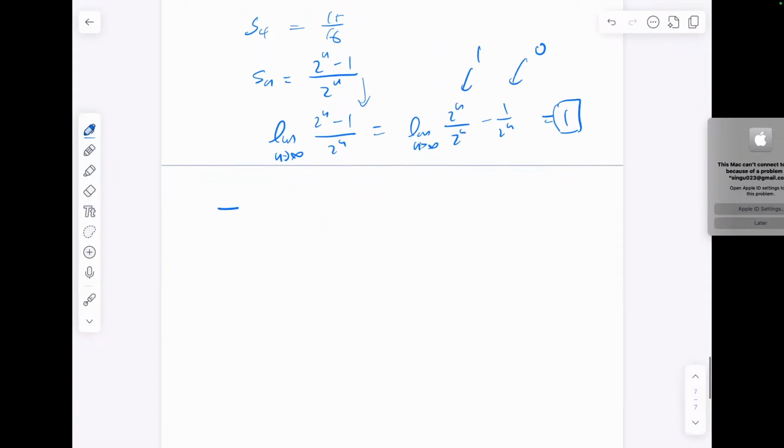So the next one's an interesting one. The sum from n equals 1 to infinity of 1 over n minus 1 over n plus 1.